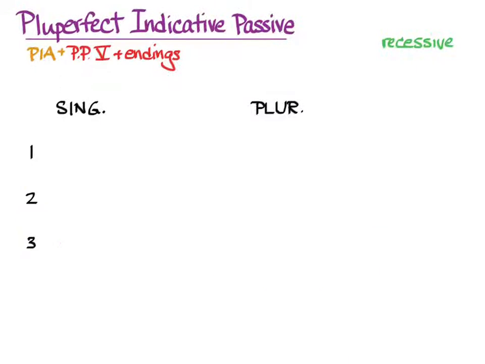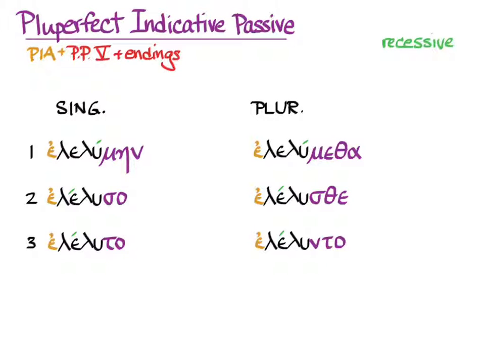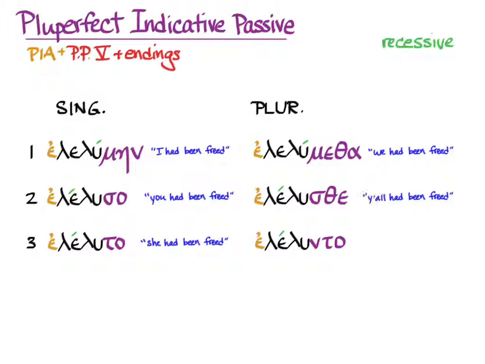So, all put together, it looks like this, with the augment, the fifth principal part stem, and the endings, plus our recessive accent. We get elelumen, I had been freed, eleluso, you had been freed, eleluto, she had been freed, elelumetha, we had been freed, elelustha, y'all had been freed, and elelunto, they had been freed.